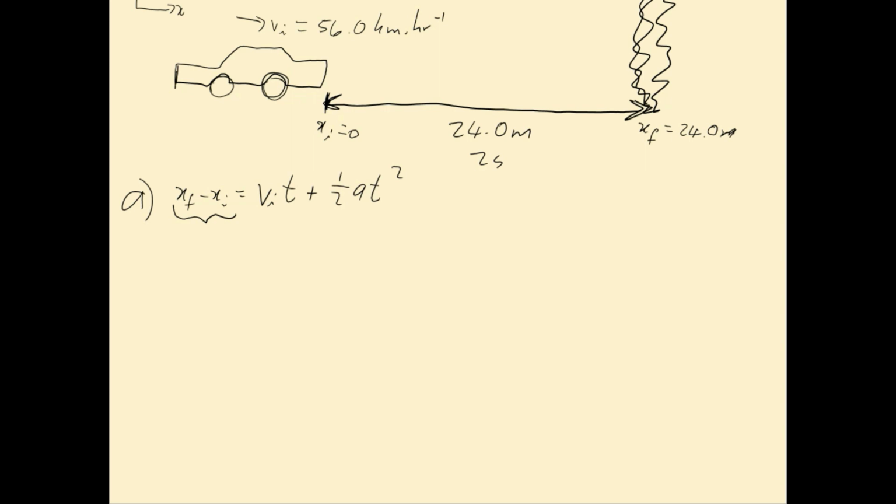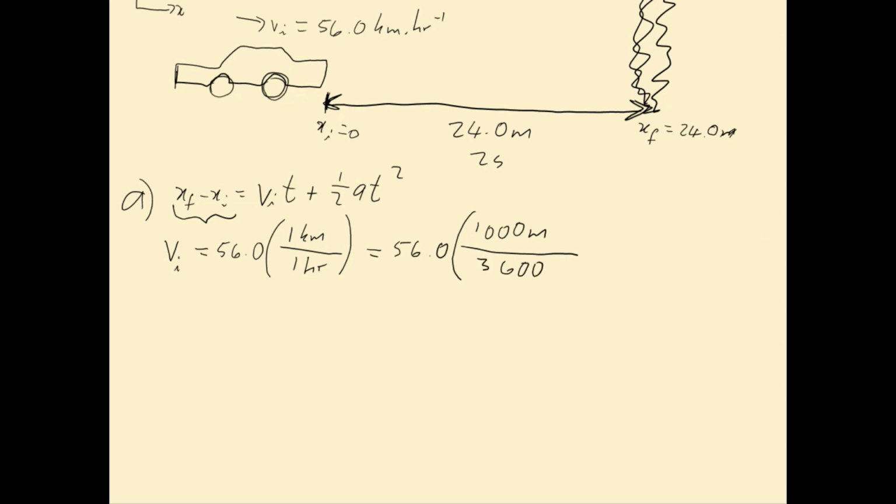So Vi is equal to 56.0 kilometers per hour. Kilometers per hour can be written as 1 kilometer over 1 hour. And then we can continue and say 56.0, and then 1 kilometer is 1,000 meters, and 1 hour is 3,600 seconds.